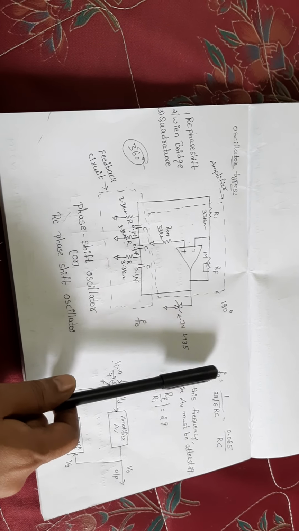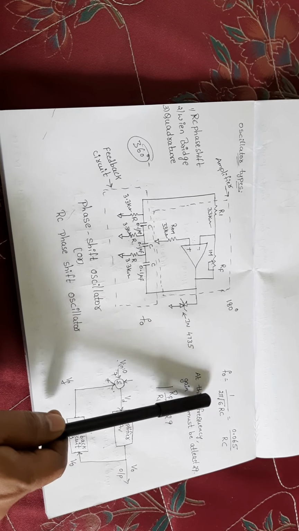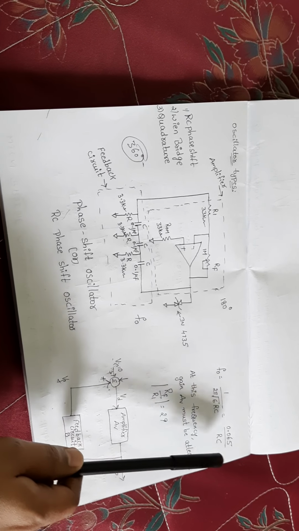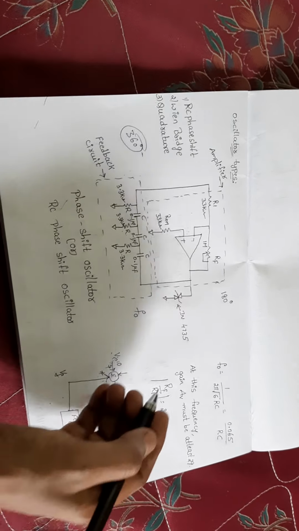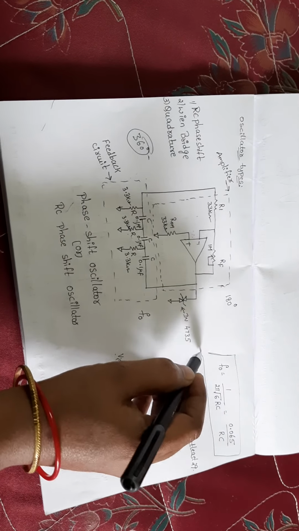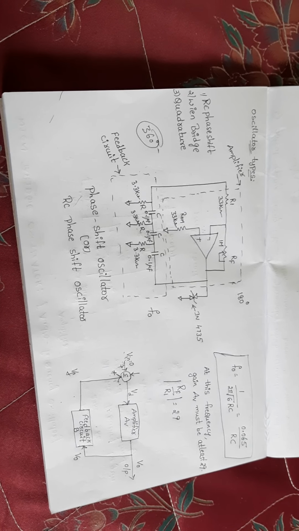So F0 for the RC phase shift oscillator is given by 1 by 2 pi root 6 RC, or 0.065 by RC. This is very important.